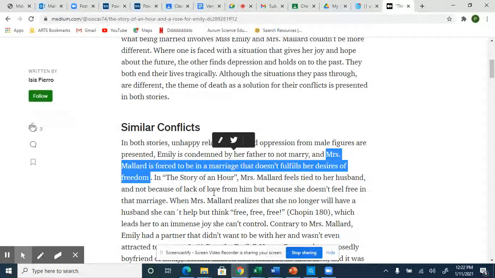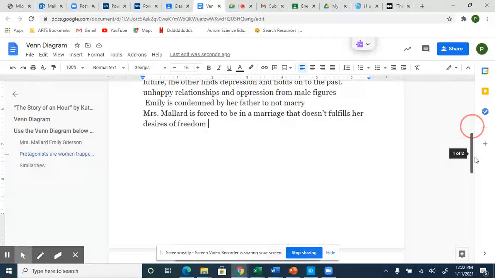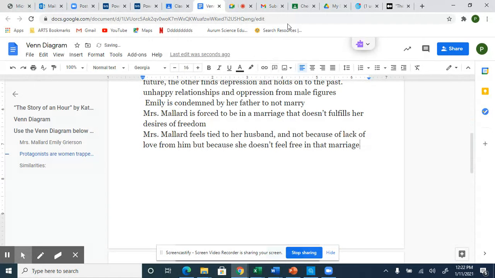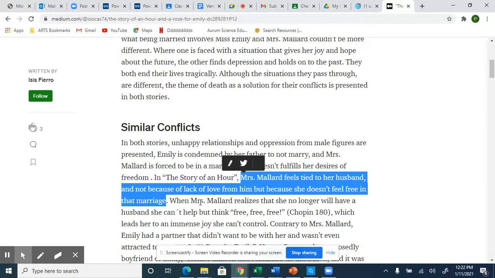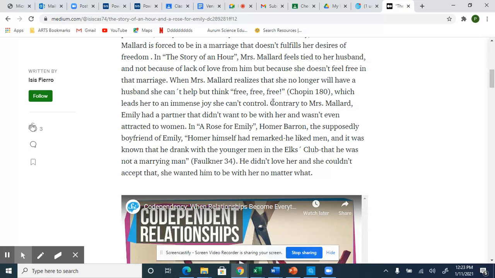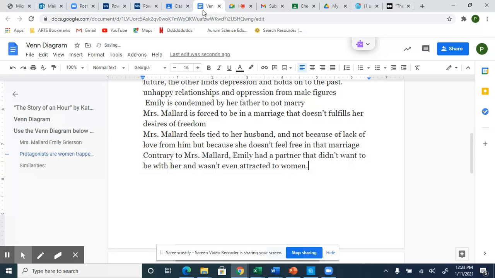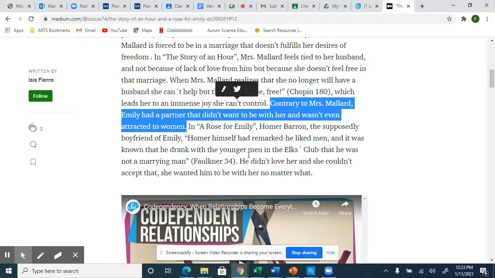Tied to her husband. Miss Emily, her partner didn't want to be with her.